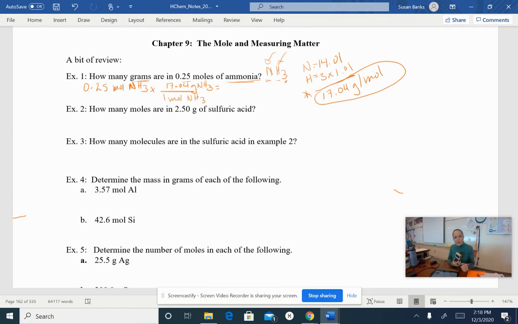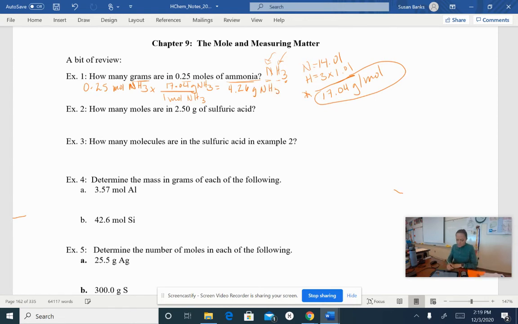Then I'm going to take my handy calculator and do the multiplication and division. Remember, everything on the top is going to be a multiplier, and everything on the bottom of these ratios that we create is going to be a divider. So in this case, I'm going to take 0.25 and multiply it by 17.04. And when I get this, my calculator gives me 4.26 grams of ammonia.